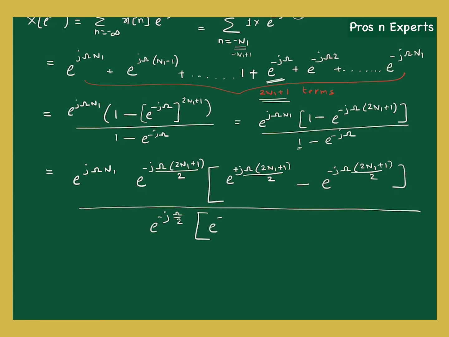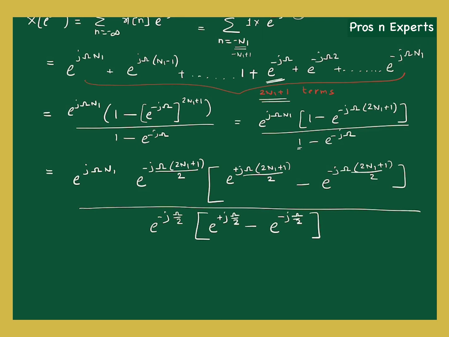This becomes e raised to plus j omega by 2 to maintain it as 1, right? When you multiply this thing and this thing, you will get 1 here. No change. Okay, simple. Minus e raised to minus j omega by 2. Only if you put e raised to minus j omega by 2 will this function remain unchanged, right? If you multiply e raised to minus j omega by 2 into e raised to minus j omega by 2, it becomes e raised to minus j omega. That's here, right?